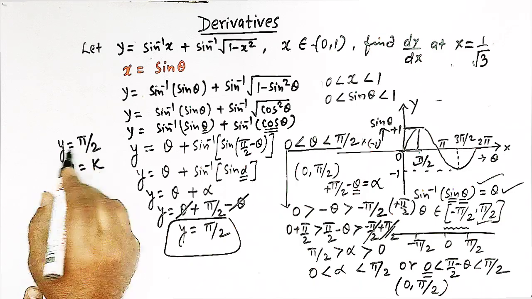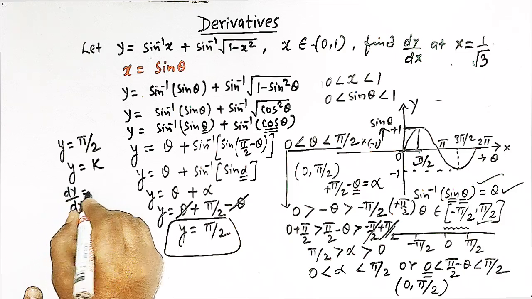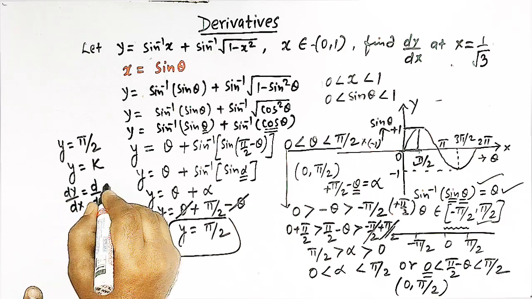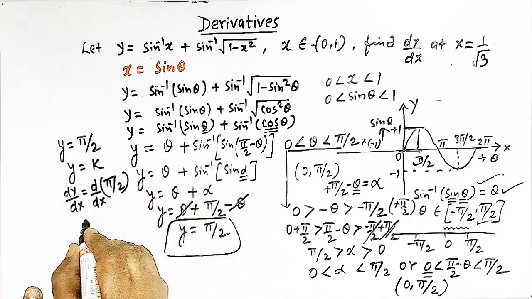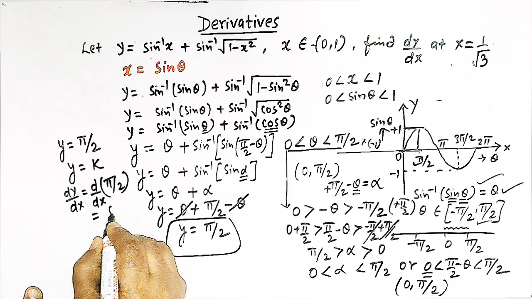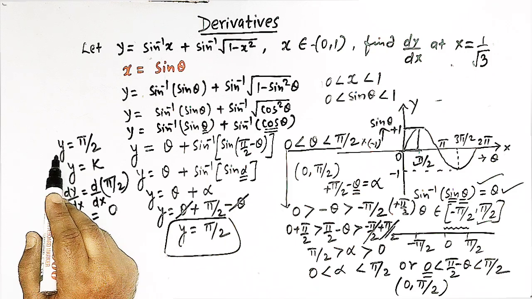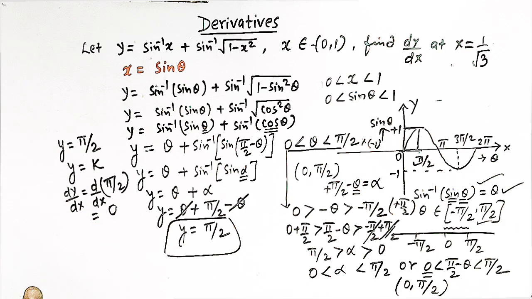And now if we differentiate both sides with respect to x, then dy over dx is equal to d by dx of pi by 2, and pi by 2 being a constant, the derivative of a constant is 0. So here we have 0, and here we can see that y is equal to pi by 2 is independent of x, right?